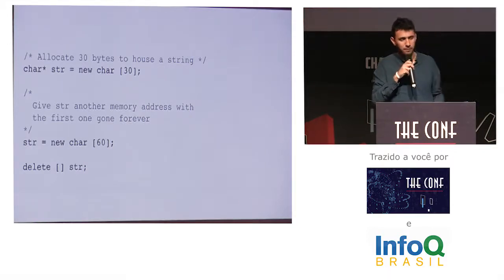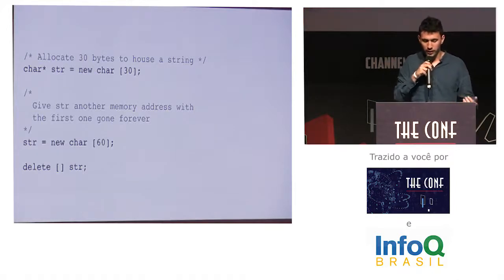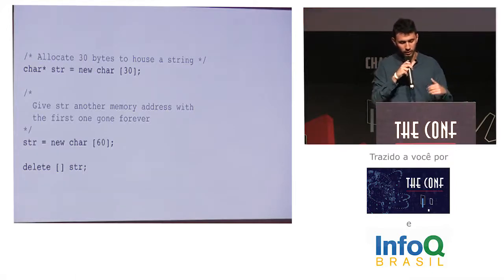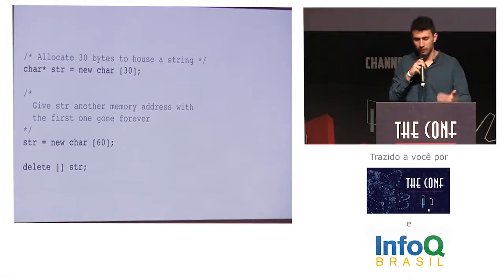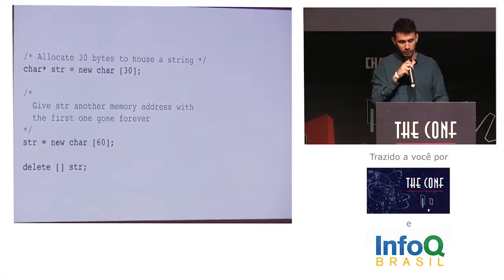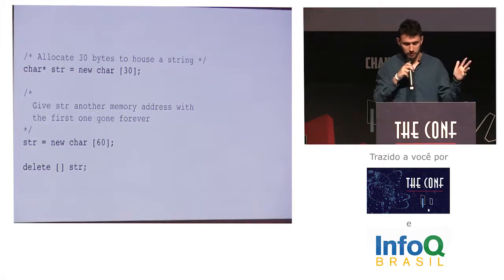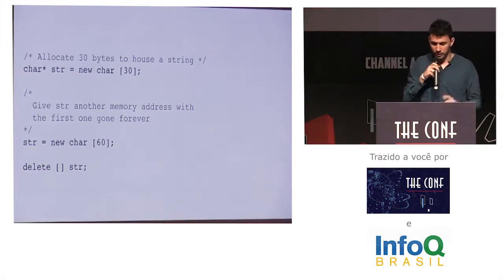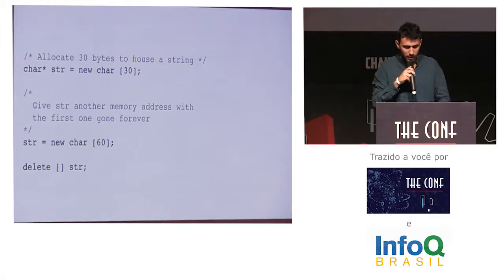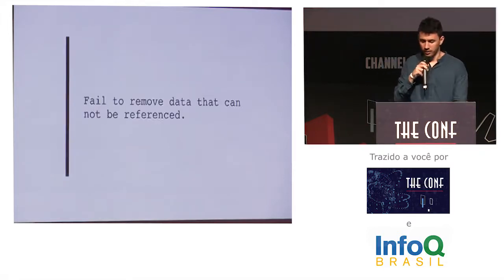So now let's try to reallocate memory, only after you have deleted. In this code, this variable acquires a new address with the second allocation. The first address is lost. So these 30 bytes, if you consider 1 byte for one char, that you have pointed to, are now impossible to free, and now you have a memory leak.